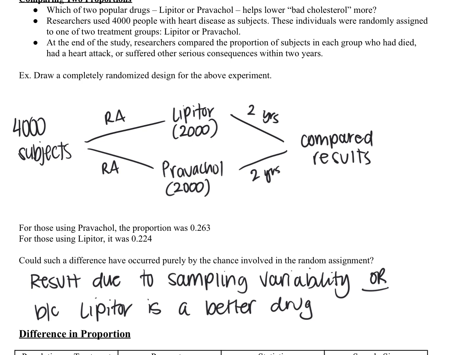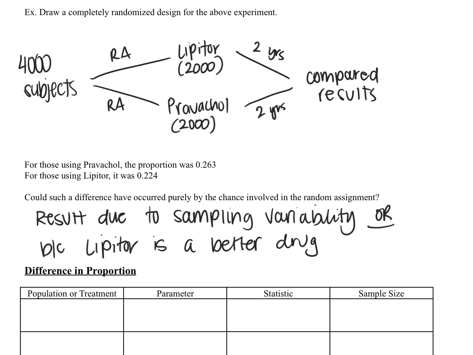We are going to eventually answer that question. We're going to talk about how to perform a test to determine whether or not your result is due to sampling variability or because something is better.